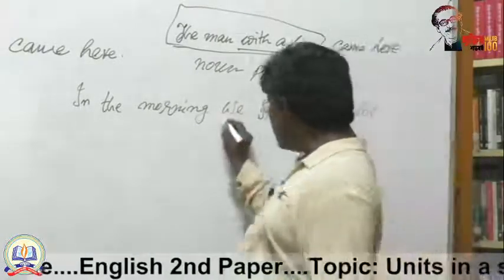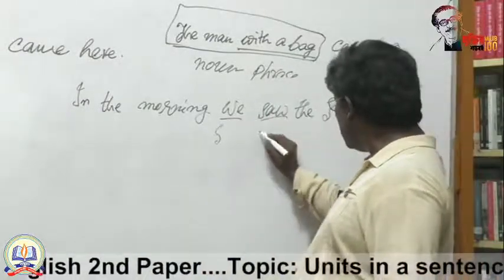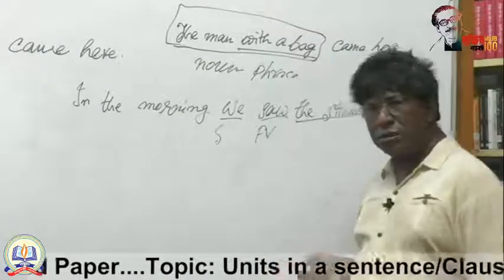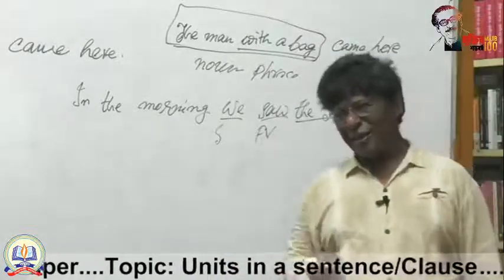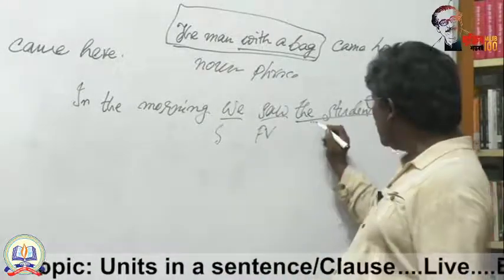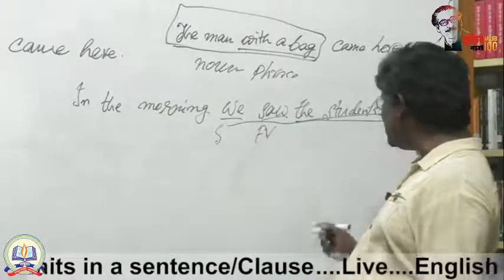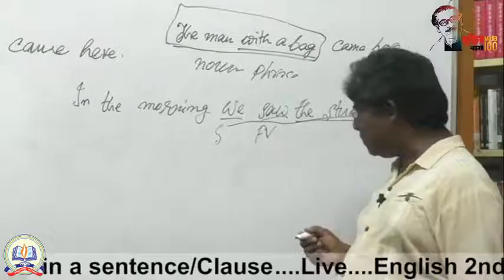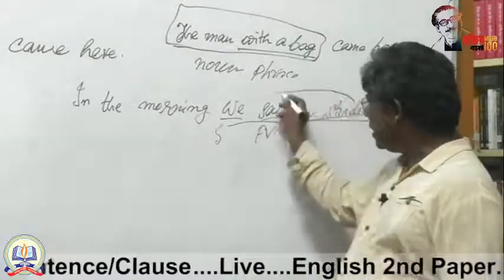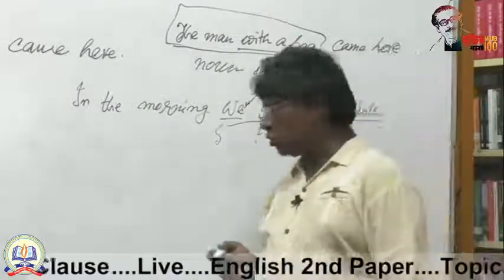We have we as the subject, saw finite verb. The students is an object, not a complement, because we can make this clause, we saw the students, passive, with the students becoming the subject of the clause.